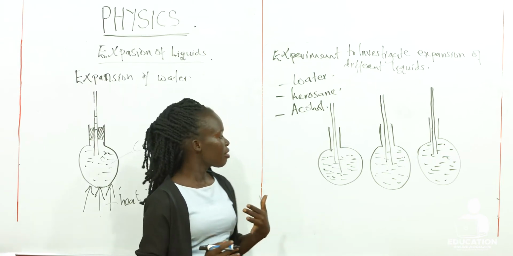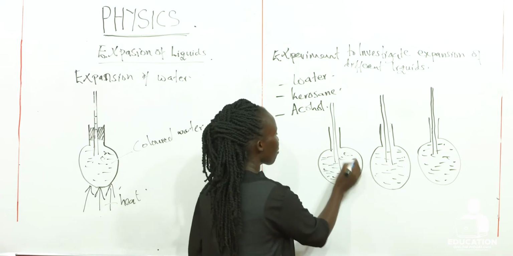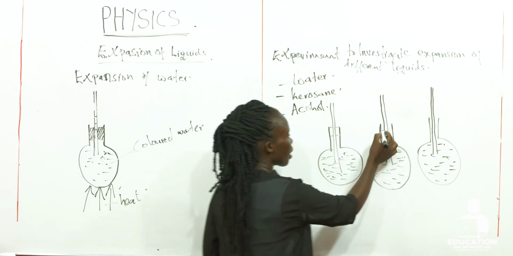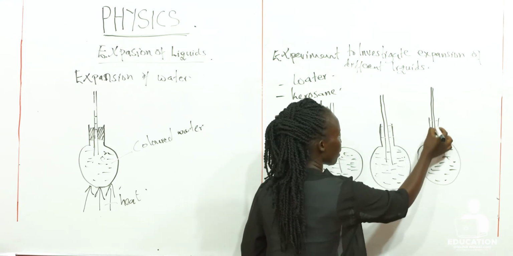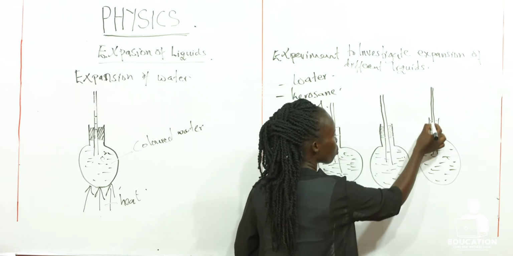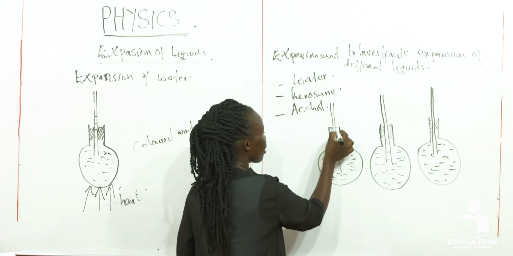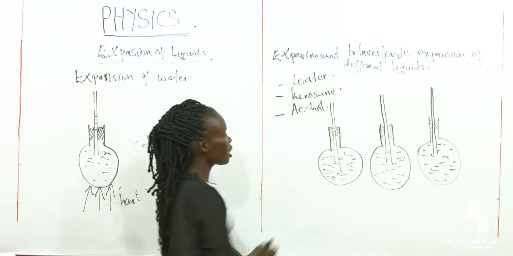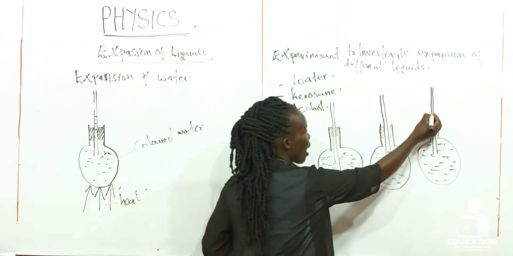Now you can check the liquid level. Make sure the liquid levels are all the same in the tube here. So you need the same amount of kerosene, alcohol, and water. If this level was here, this level also, and that.